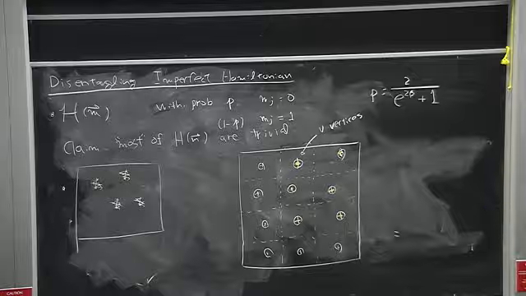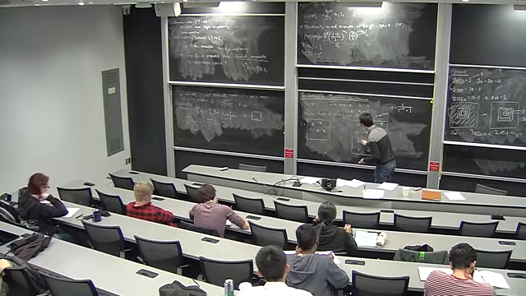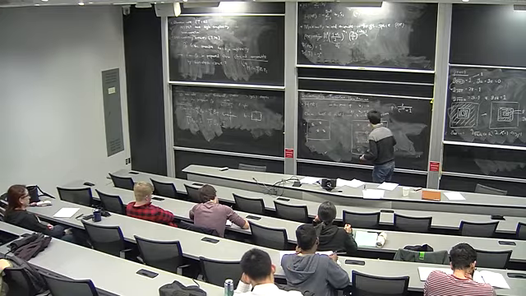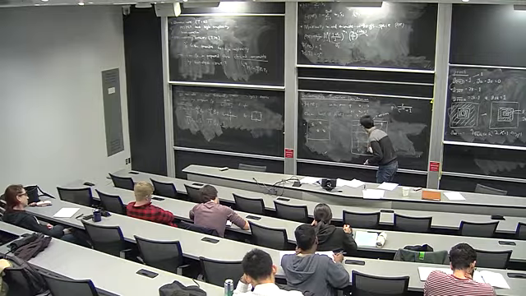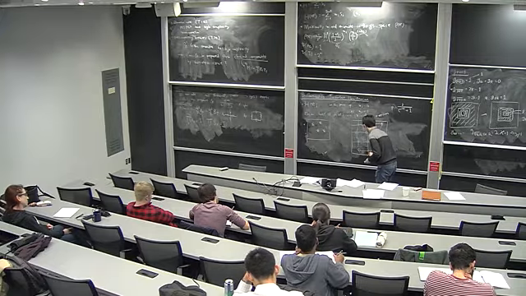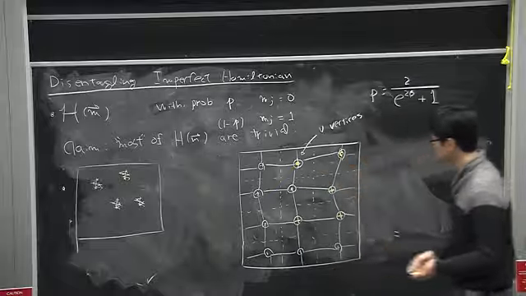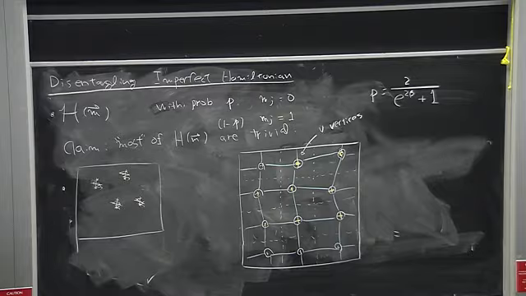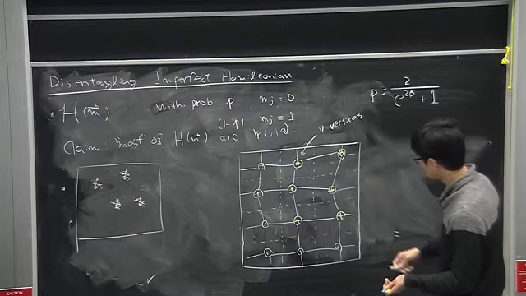Now we use a trick, a kind of similar trick, but we draw such grids like this. Then the point is that in this toric code, the terms are local.